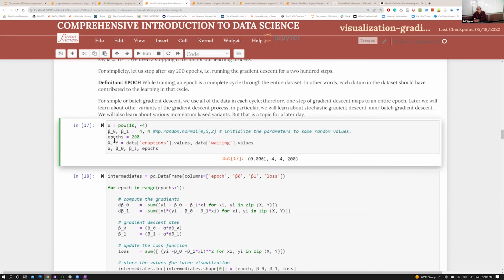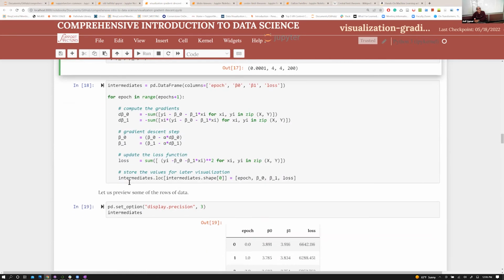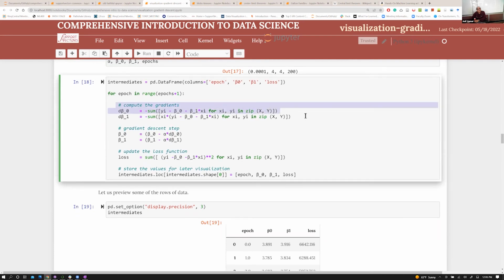We take this data, and then what we do, this is the loop. We'll take some random values of beta naught, beta 1, and then we will just make those steps. How do we make those steps? At each step, we first compute the gradient of the function.